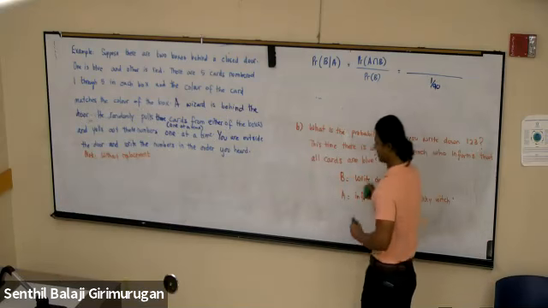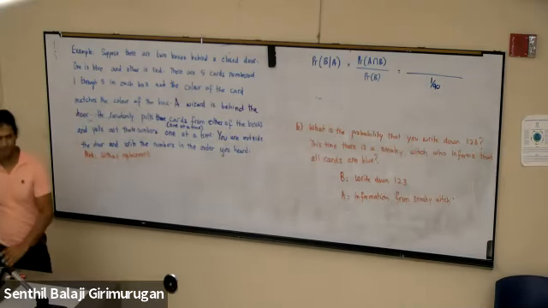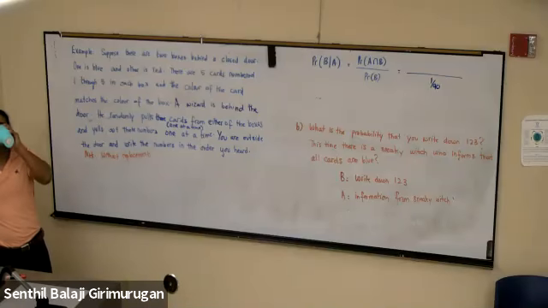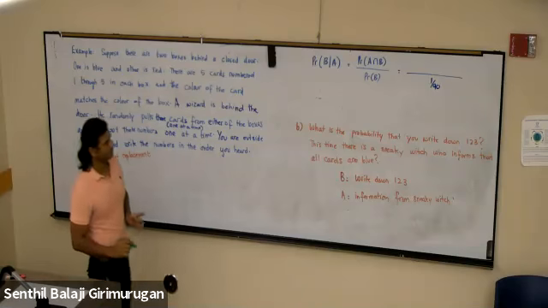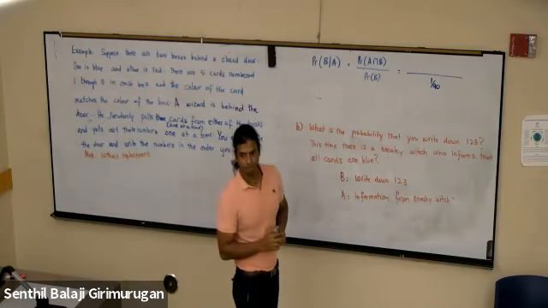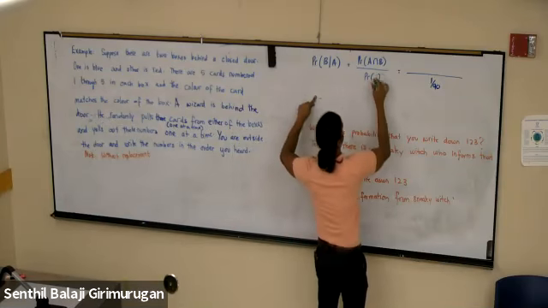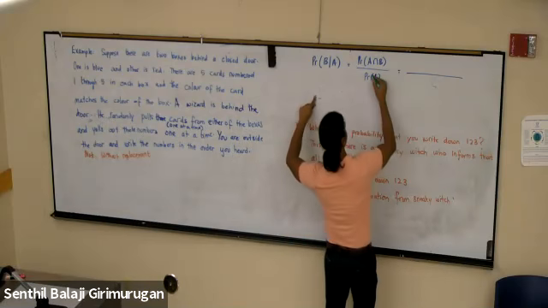So how did we get that 1 over 90? What is the second simple formula? The probability of A at the bottom. Exactly. Thank you.